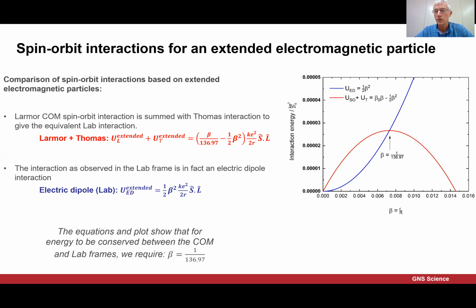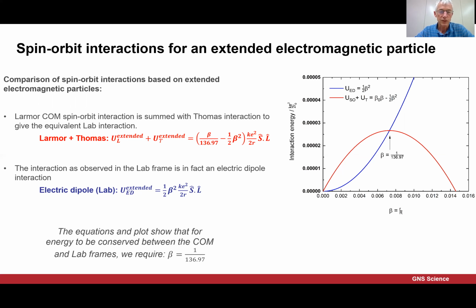And these can be compared, either the equations can be compared directly, or I've plotted them in the graph on the plot there. And what we find is that the energy needs to be conserved from each of these perspectives.